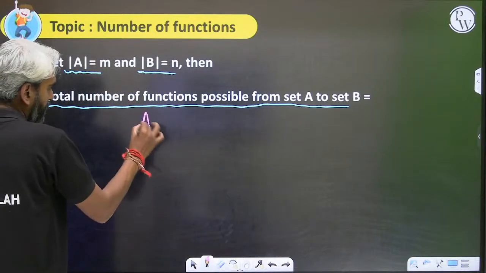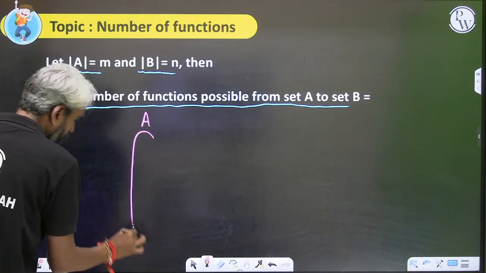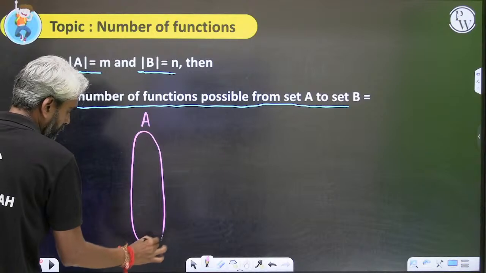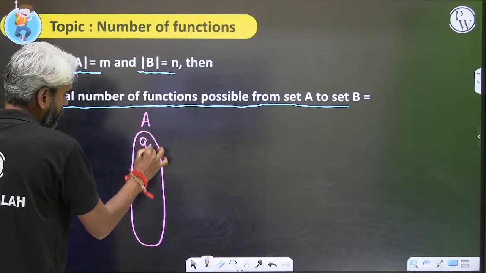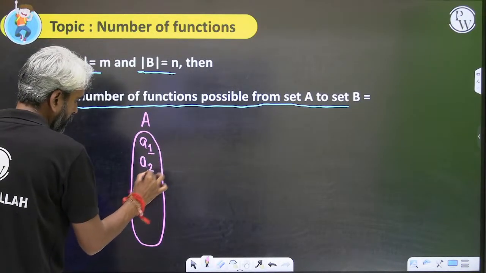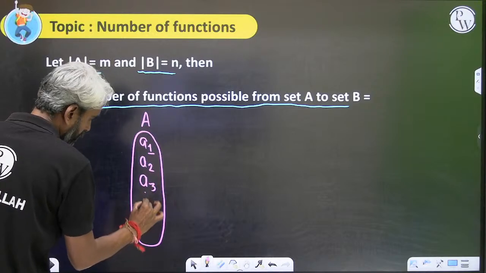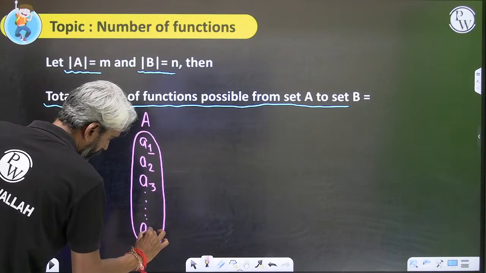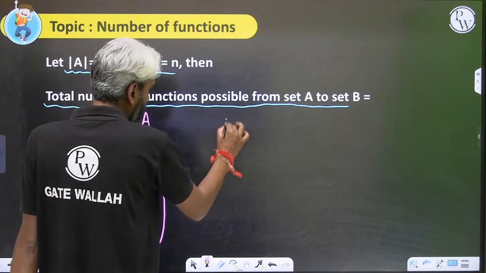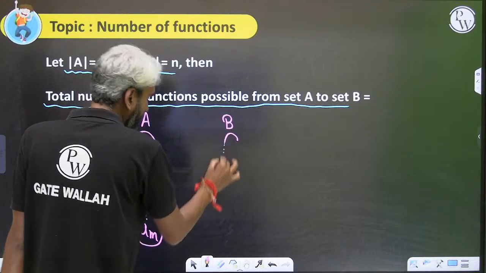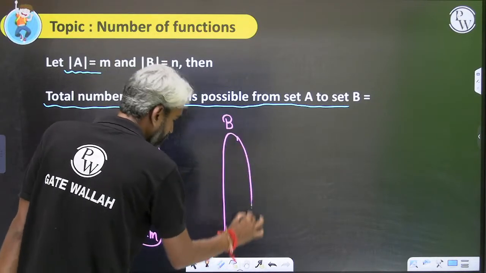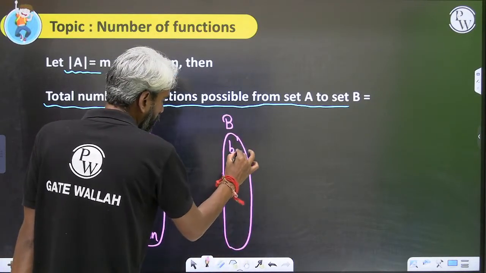Let's look at this. This is your set A. It contains m elements. Assume these are the elements A1, A2, A3 up to Am. This is your codomain B that contains n elements, B1, B2 and so on.